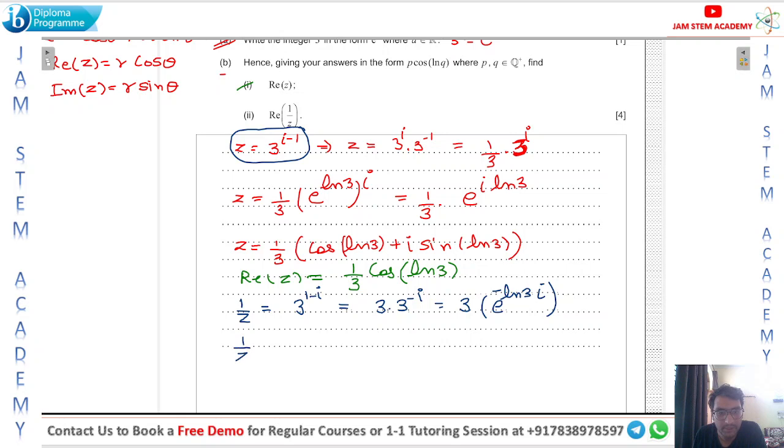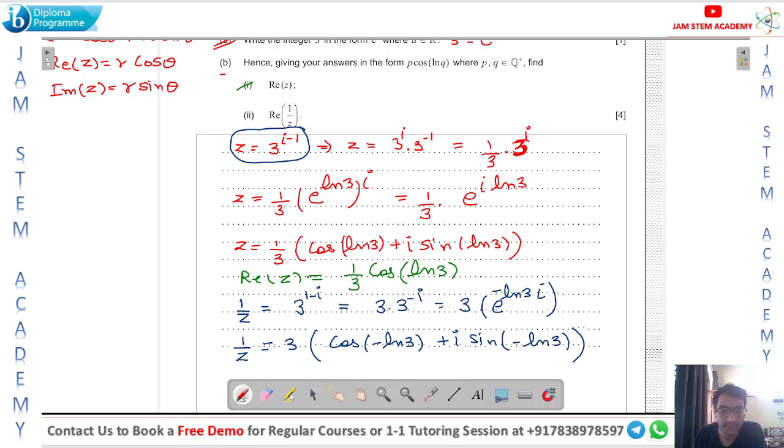Using the same steps, we get 1 over z equals 3 as it is, times cosine of theta, which is negative natural log of 3, plus i sine of negative natural log of 3. I'm just replacing my theta value.